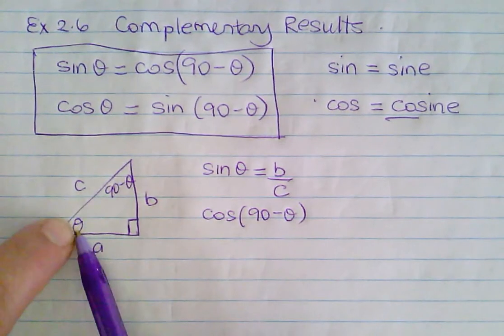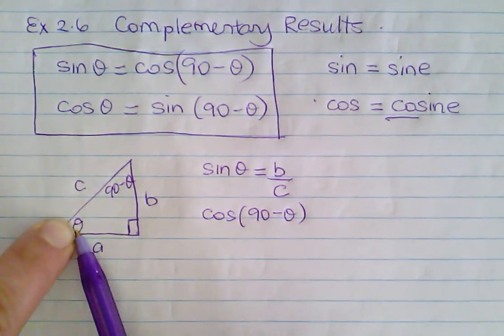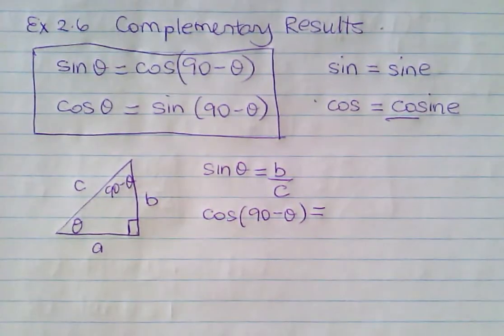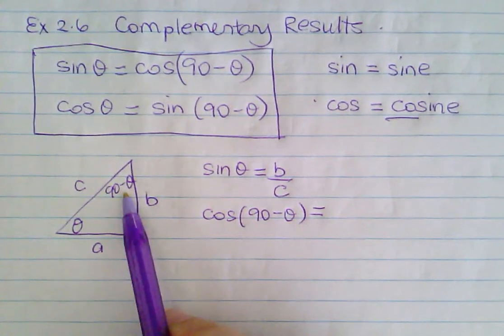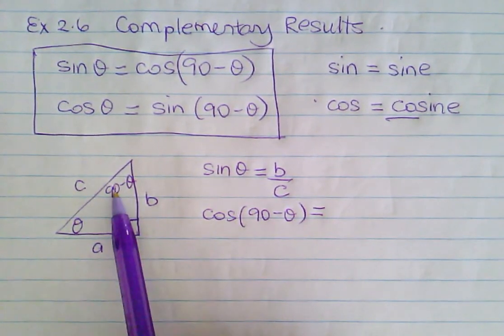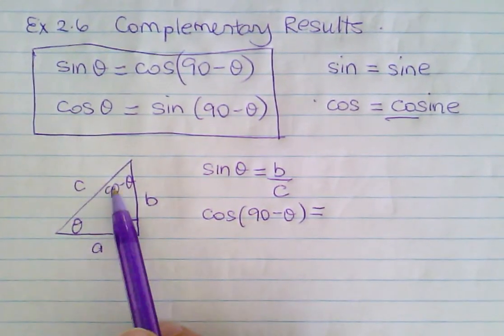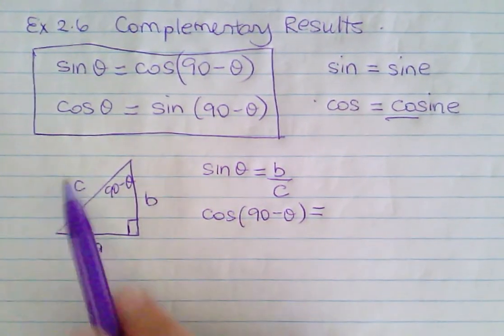The sine of this angle, sine of theta, is B over C. So if I'm asking you for the cos of 90 minus theta, it's the cos of this angle. Isn't that adjacent over hypotenuse? So what's adjacent? B over C.